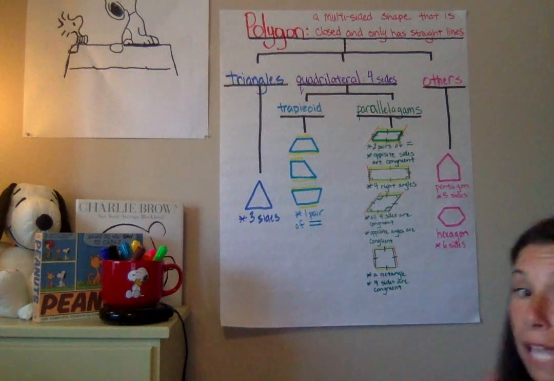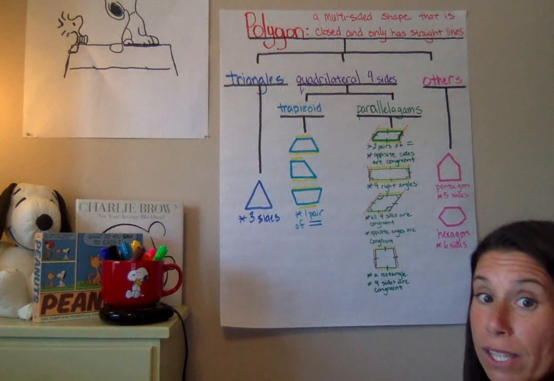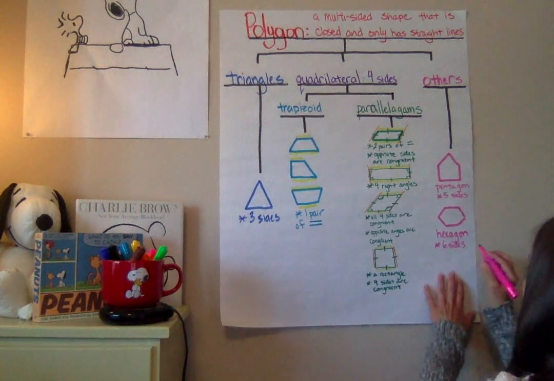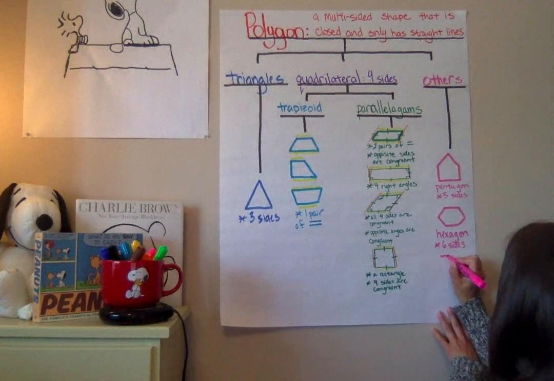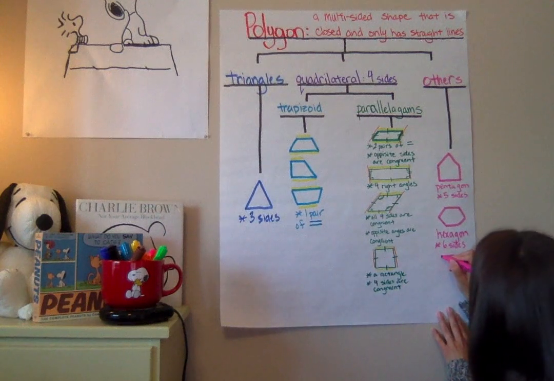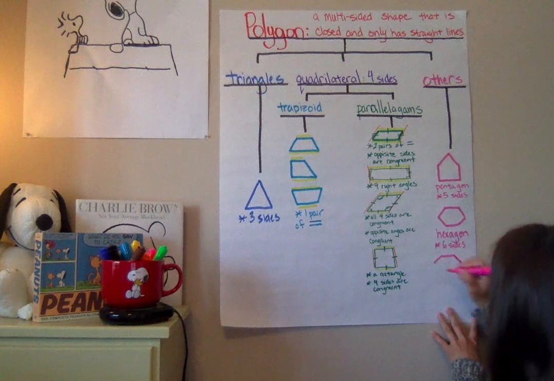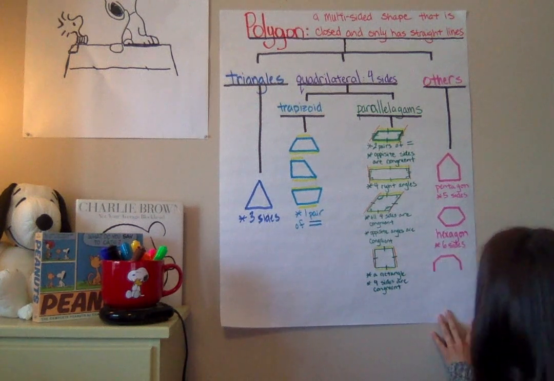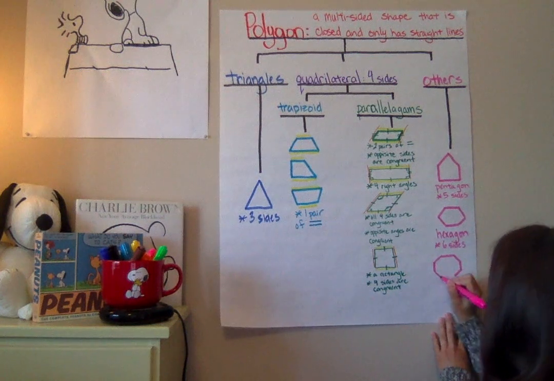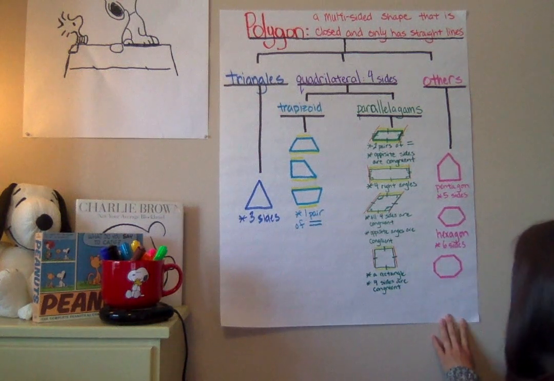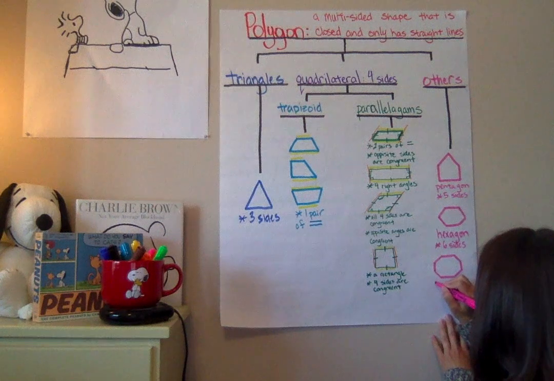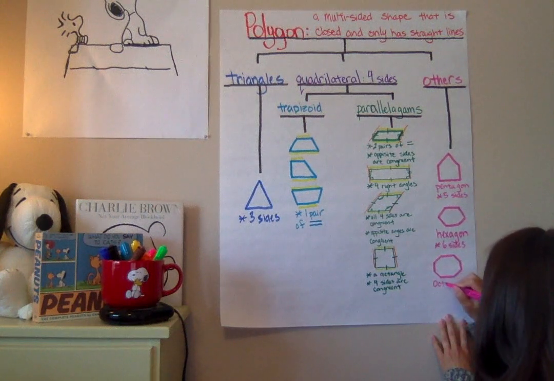All right, and the last one you need to know is my favorite, the octagon. Okay, so octagon has 8 sides. 1, 2, 3, 4, 5, 6, 7, 8. Okay, and this is an octagon.